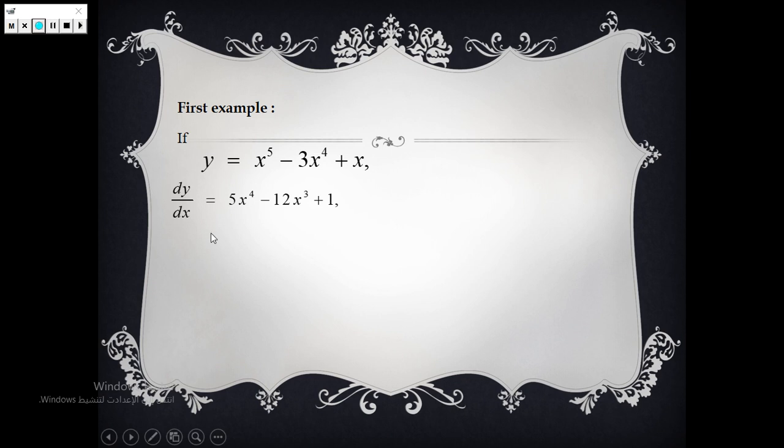First, the first derivative here dy over dx: x power 5 will be 5x power 4, minus 3x power 4 will be minus 12x power 3 and derivative of x will be 1. d2y over dx2, which means the second derivative of the function, equal 20x power 3 minus 36x power 2.